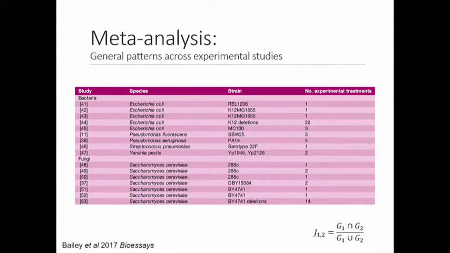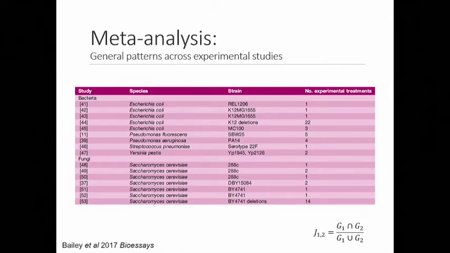I went out into the literature and took all of the experimental evolution studies available at that time that had lists of the mutations in the genes that had arisen in those replicate populations, and that had started with a single genotype.